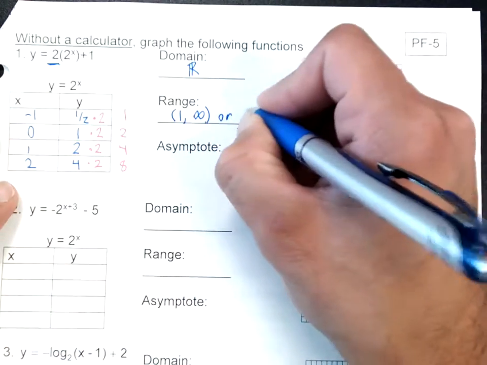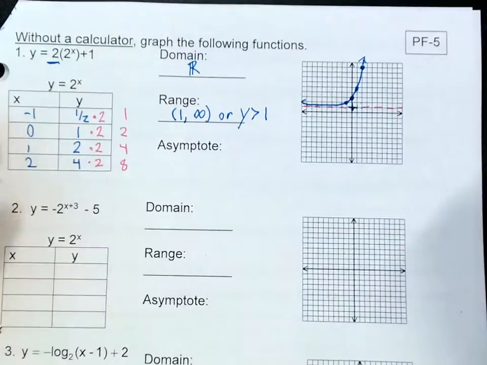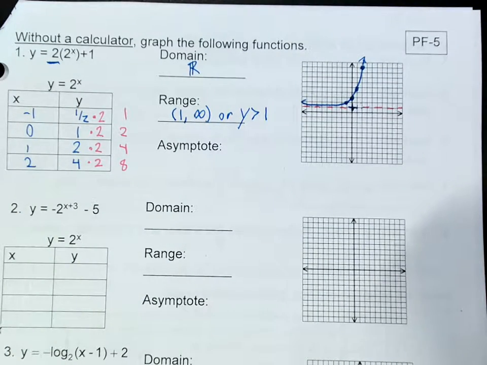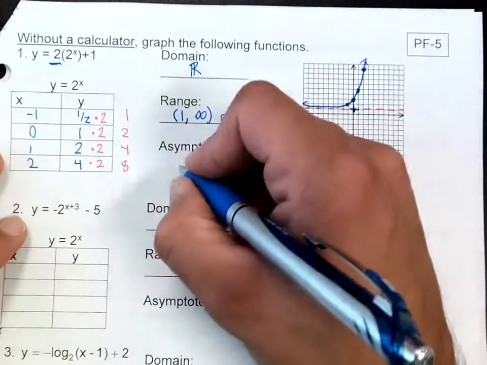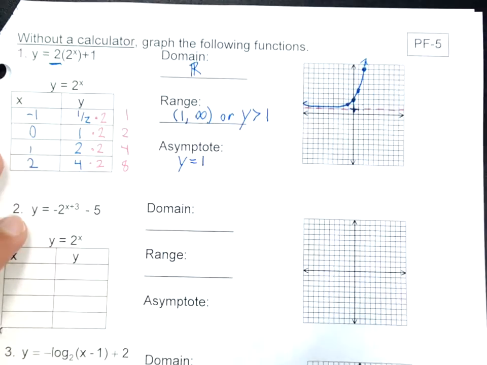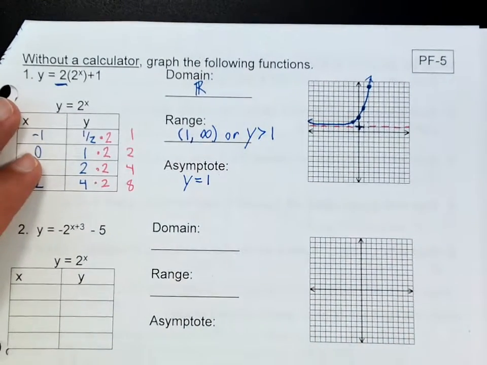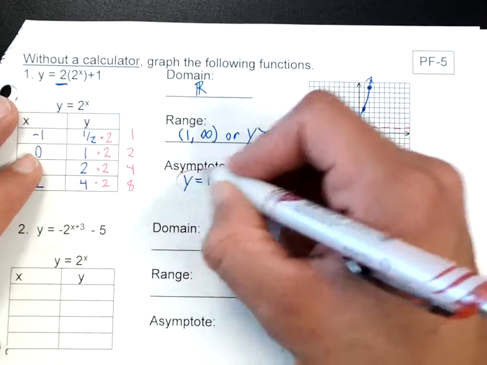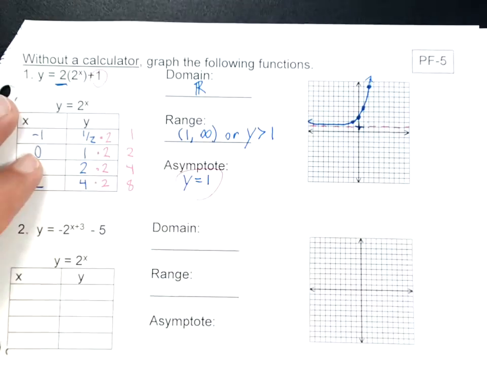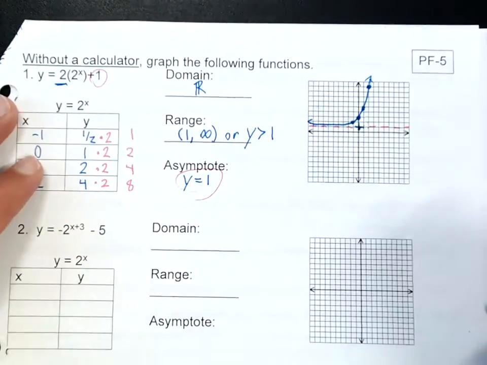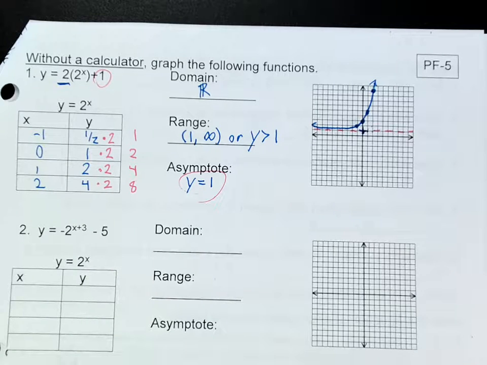Or you can say y is greater than 1. You don't have to write both, just one of them. My asymptote again is located at y is equal to 1. On an exponential function, that is given to me by this number normally. That number and that number should be matching. Now, next up.